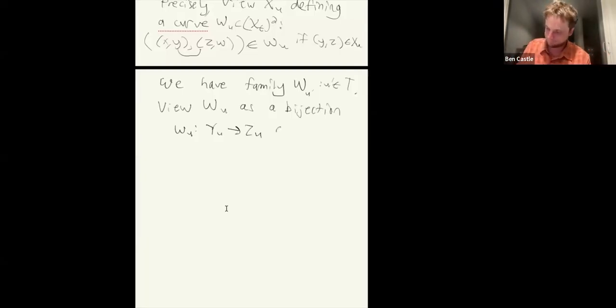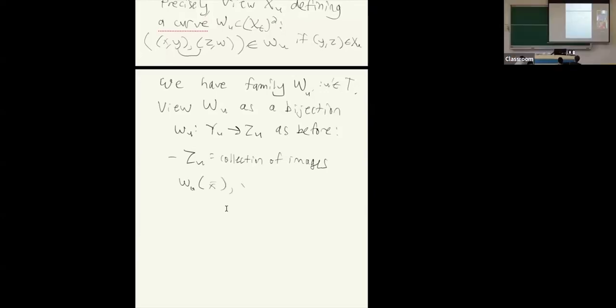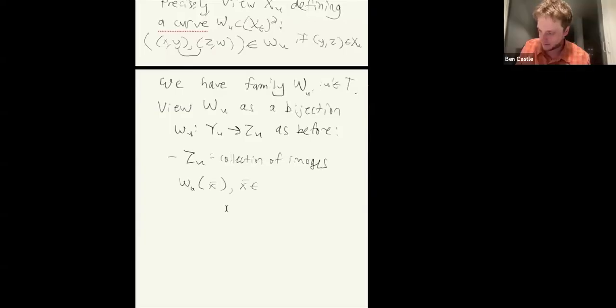As before. So what does that mean? ZU is the collection of images WU applied to some X bar, where X bar is in XT.